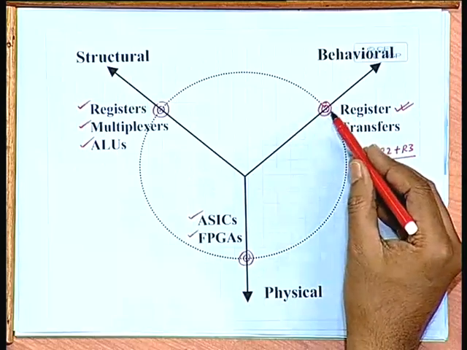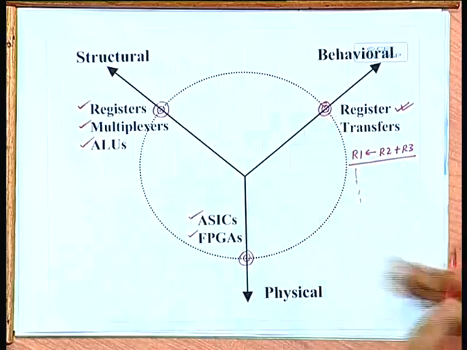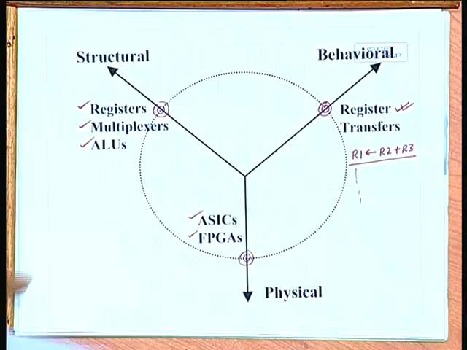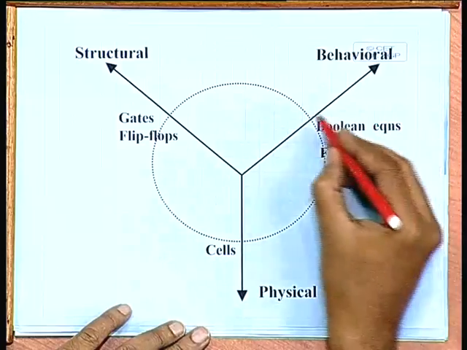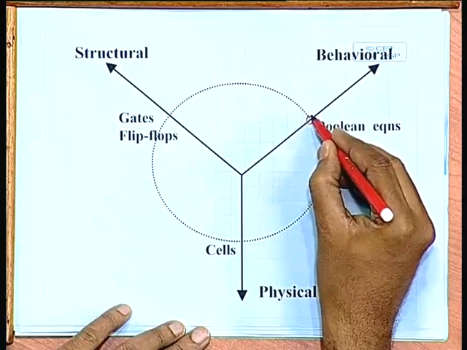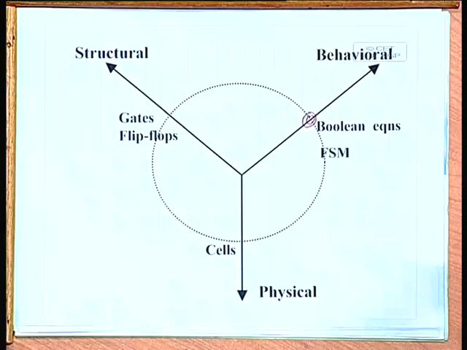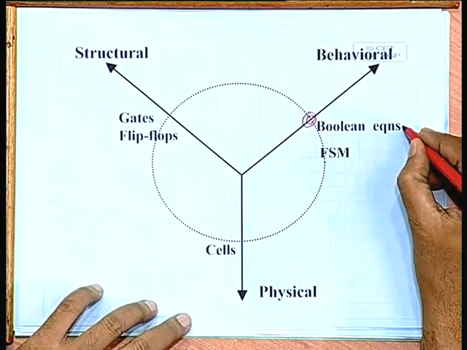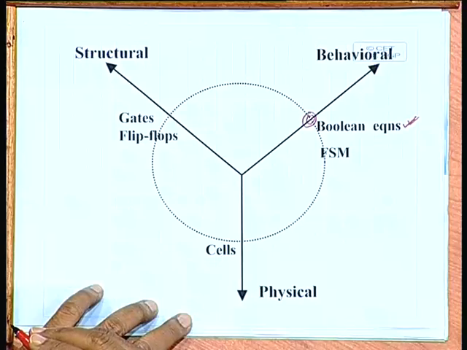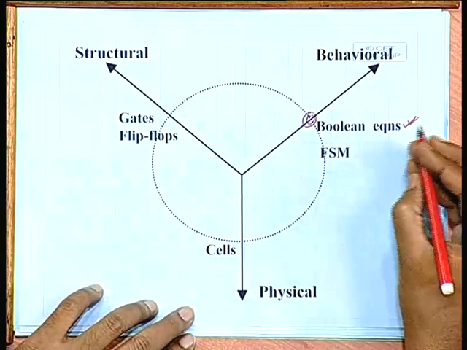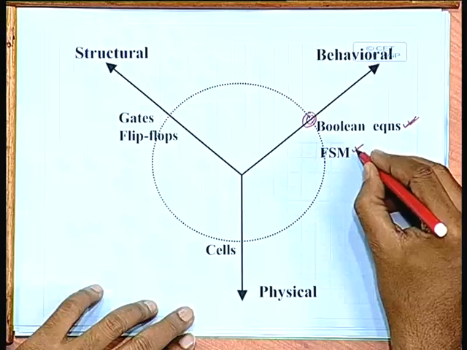But as you detail the design further, from the register transfer level, the next natural jump we take is to have something like a logic level behavioral specification, where if it is a combinational logic, we specify the behavior by a set of Boolean expressions, Boolean equations. If it is a sequential logic, we specify by finite state machines.